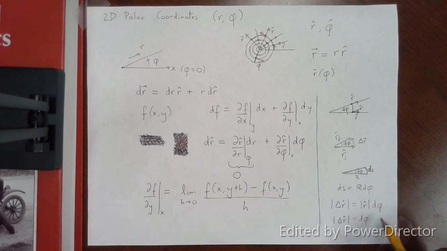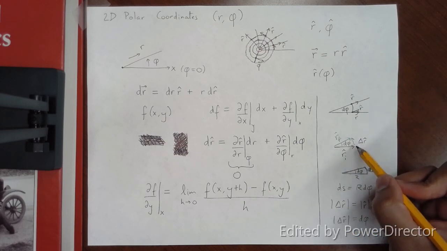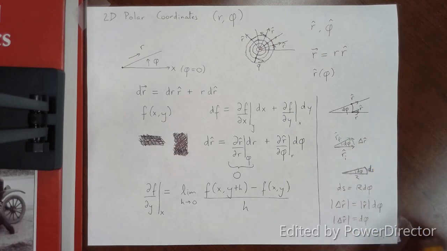And we have established that the direction of delta r hat is in the phi hat direction. So in fact, what we get is that dr hat is equal to d phi times phi hat.